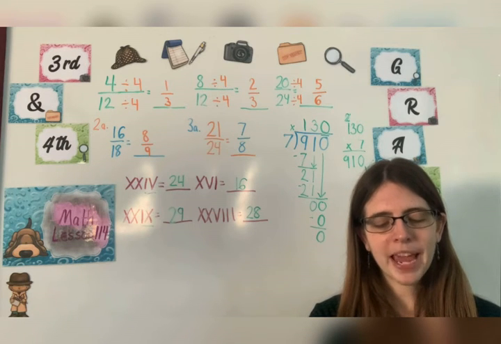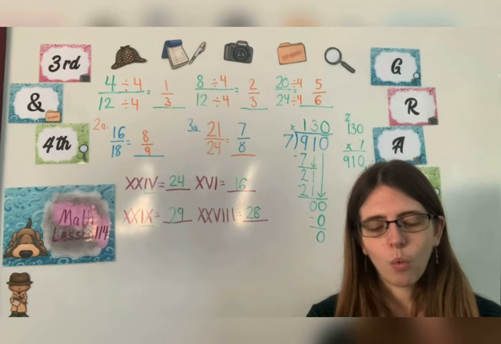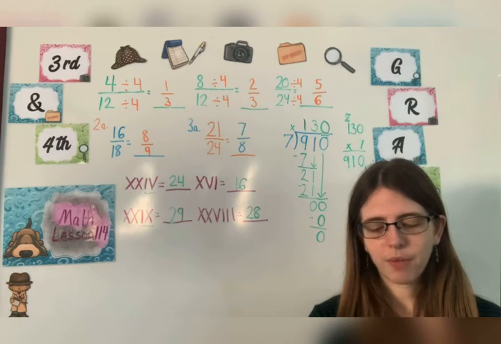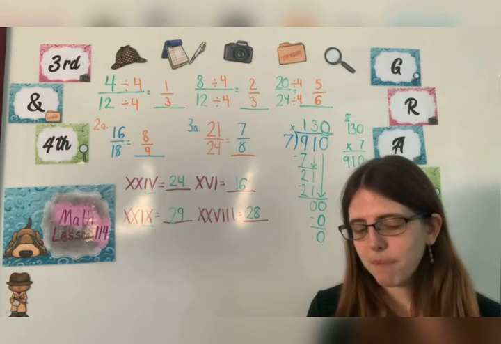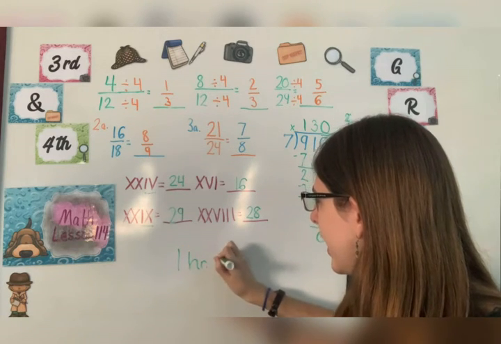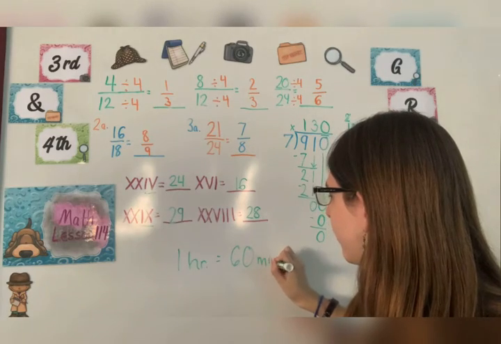Okay, last thing on your page, look at your brain booster. It says, how many minutes in 1/10 of an hour, 1/6 of an hour, 1/5 of an hour, and 1/3 of an hour? So to do this, remember that 1 hour equals 60 minutes.